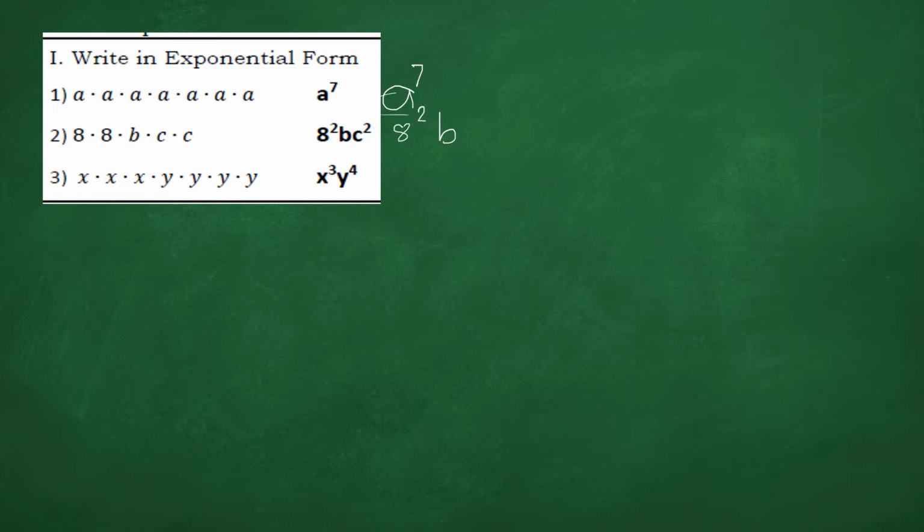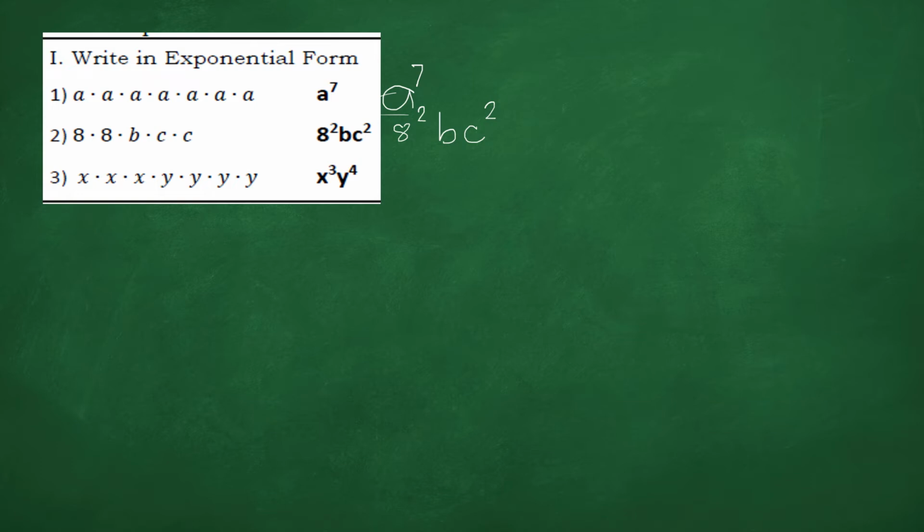But since 1 ang kanyang exponent, we don't need to write 1 as the exponent because this is the invisible exponent. Automatic na 1 ang kanyang exponent. Then we have also the variable C. Since si C ay ginamit siya twice as a base, so we're going to write 2. So this is already the exponential form.